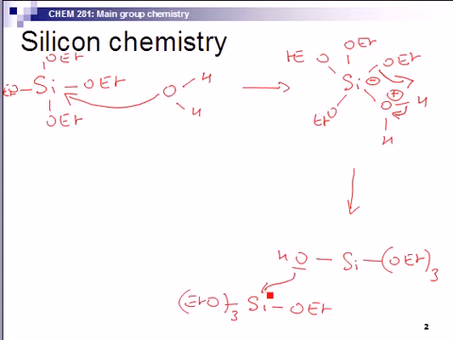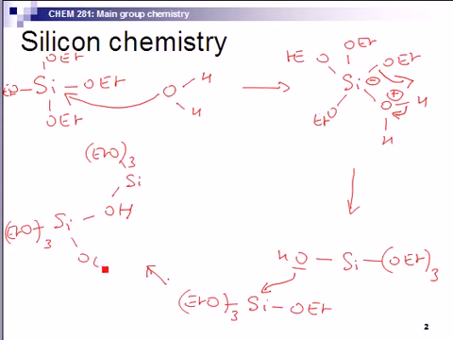You will attack on your silicon here, forming a transition species, this pentavalent Si, O-ethoxy 3 times here, O-ethoxy 3 times, and O-ethoxy here.